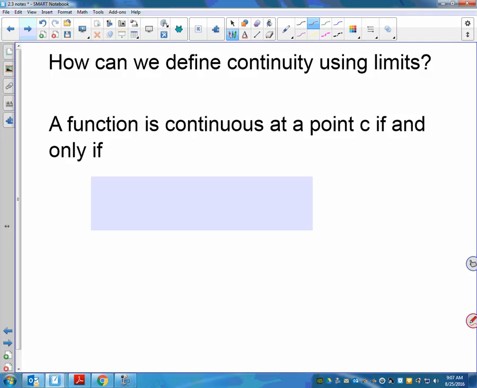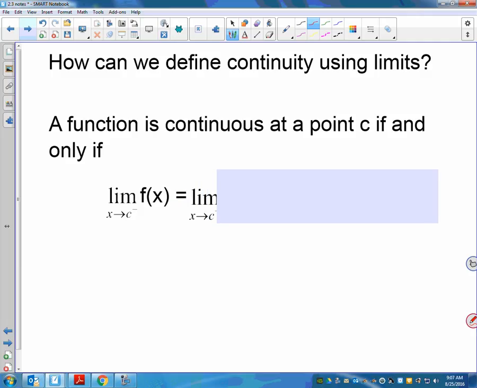So we can talk about a function being continuous at a point C, starting the same way. We can say the limit as x approaches C from the left equals the limit as x approaches C from the right.